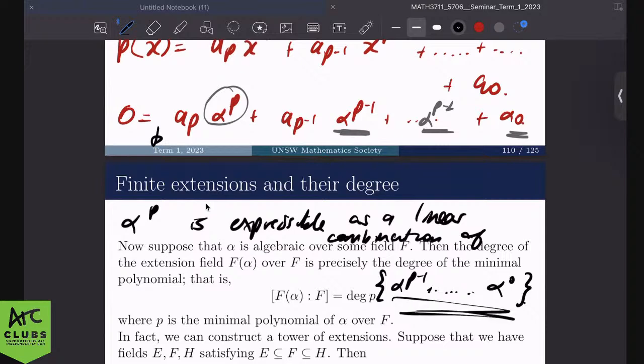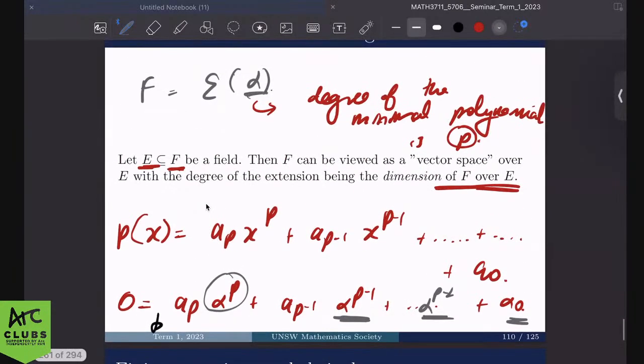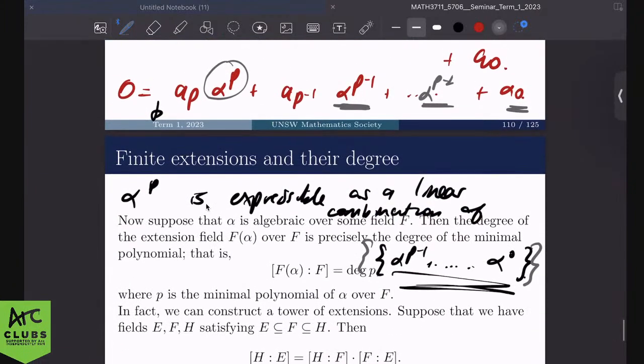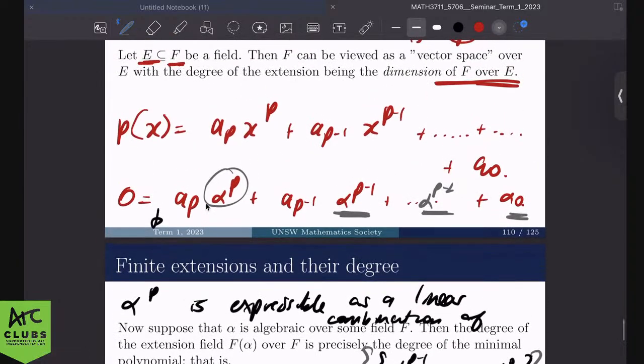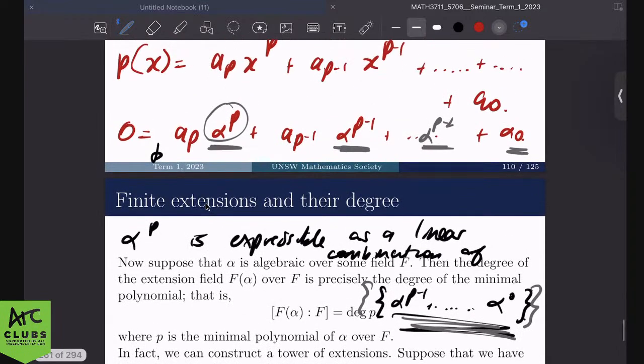So in reality, all of these things, alpha to the power of P minus 1 all the way down to alpha to the power of 0 or 1, they are sufficient for expressing all elements involving alpha. So if you have alpha to the power of like 79, you can express it as a linear combination of these. Because if you rearrange this equation, as I said, to make this the subject, you've got it as a linear combination of the other ones.